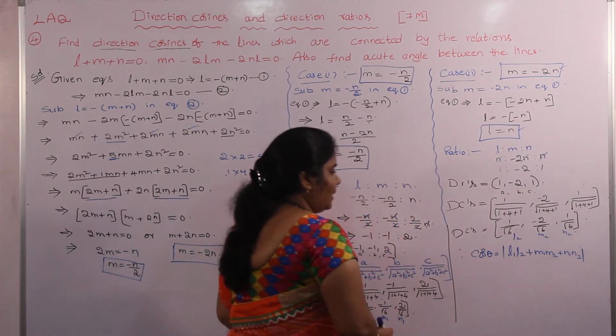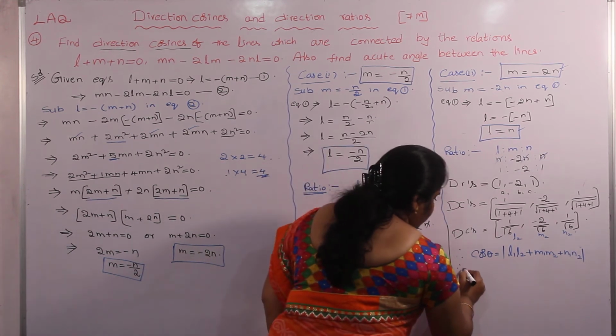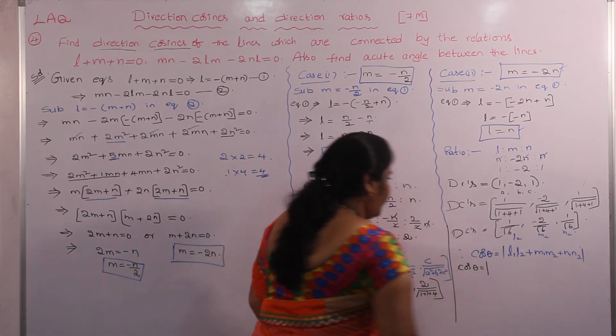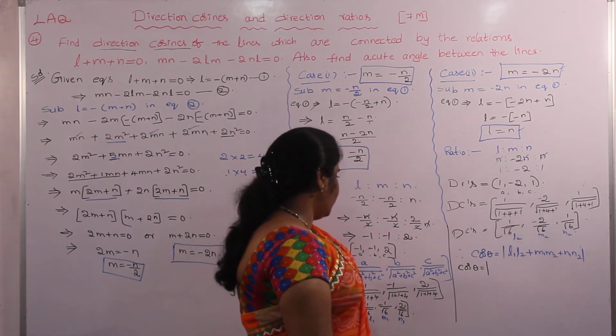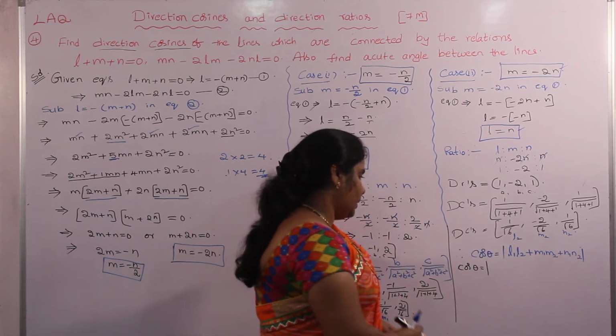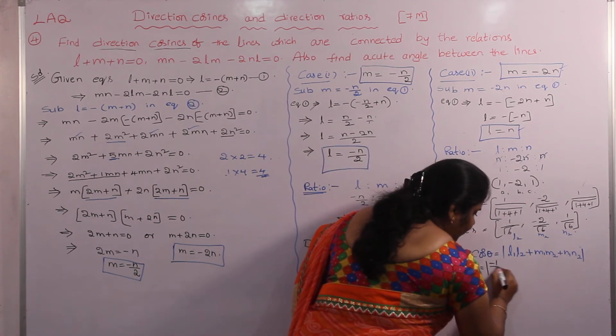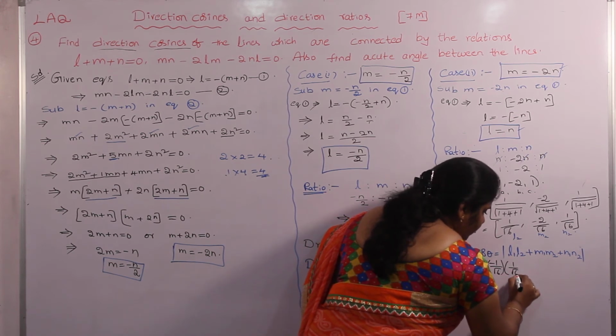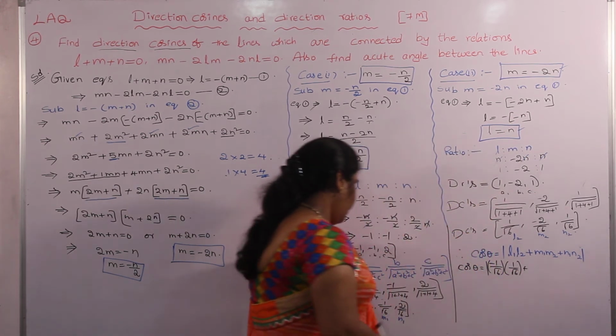Therefore, cos theta is equal to L1 L2. L1 is minus 1 by root 6 and L2 is 1 by root 6. That is minus 1 by root 6 into 1 by root 6 plus M1 M2.